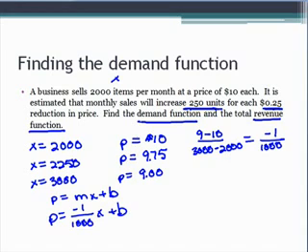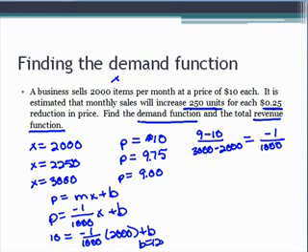Then we want to find the y-intercept, so we take one of our points and plug it back in. Let's take the first one, price of $10 when we sell 2,000 items. This will give us a negative 2, and so we add 2 to the 10, so we get a y-intercept of a positive 12.